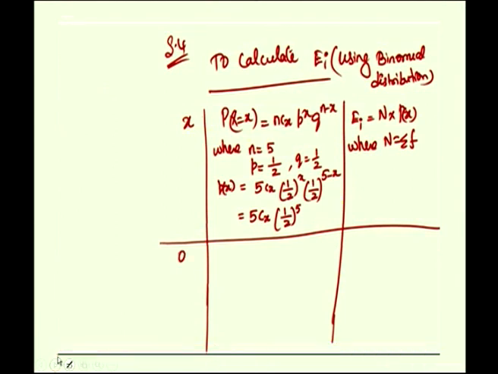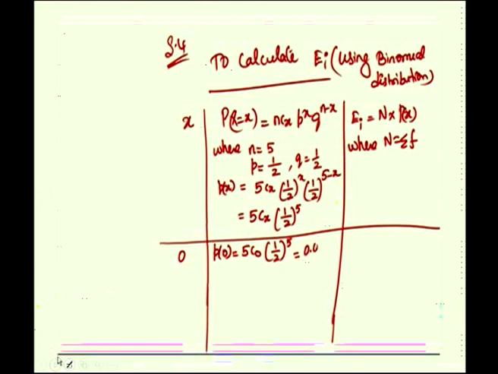For x value 0, P of 0 is 5 c 0 into 1 by 2 whole power 5, which is equal to 1 by 2 whole power 5, and this value is 0.03125. Your capital N is summation of frequencies.